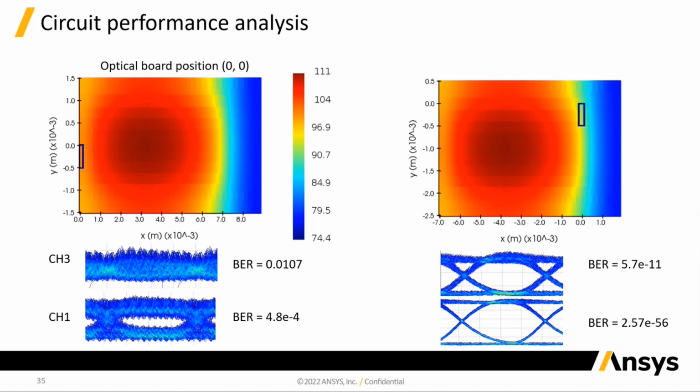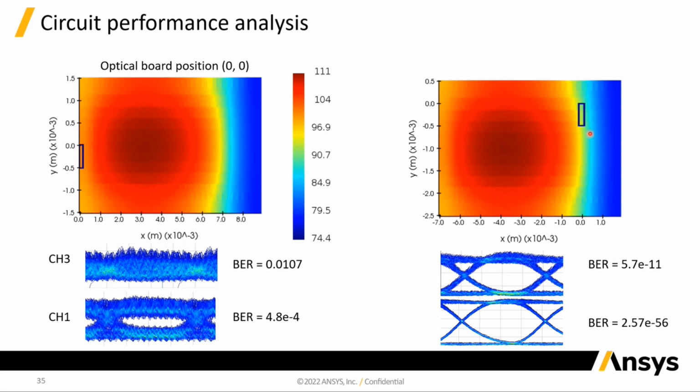As you see here, this is the comparison when we put all the data into this interconnect. Here is the origin, which is the center of the PCB. We see there is a higher temperature in this region. So this is the first simulation, where we put the optical component at this location.